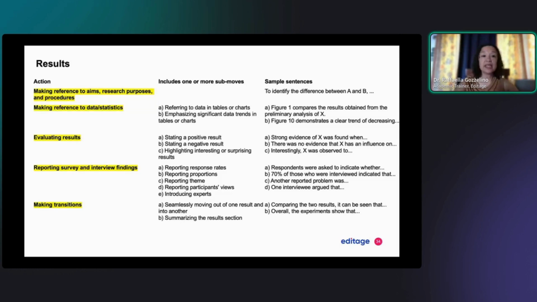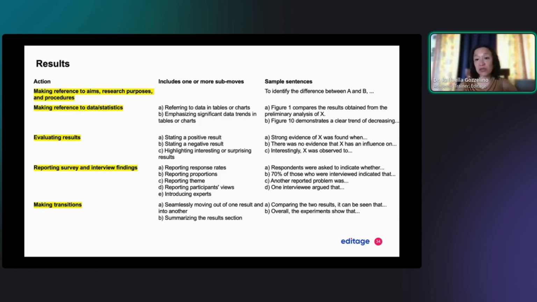Or to make reference to data or statistics, referring to the data in tables or charts, or emphasizing significant data trends in a table or chart, and you can say Figure 1 compares or Figure 10 demonstrates. To evaluate the result, stating a positive result or a negative result, or highlighting interesting or surprising results.